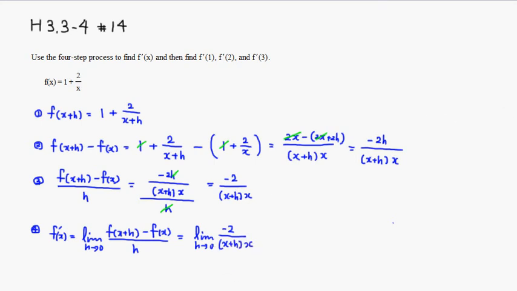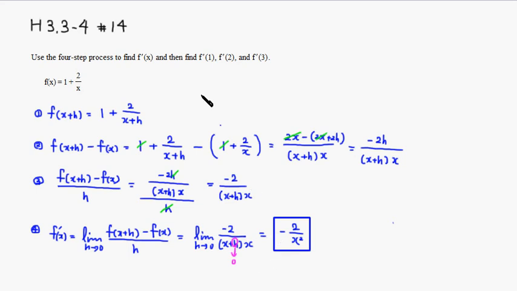Then we know that h is going to 0, so that term goes away. So what's left is negative 2 over x times x, so x squared. This is the derivative of f of x.